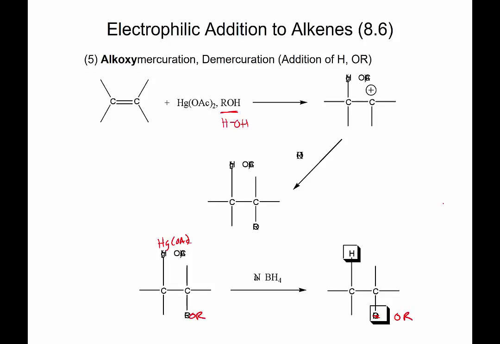Then you'd have to prove to the FDA that there's absolutely no mercury in the sample at all, which would be very difficult to accomplish by their rules. So it looks great on paper, but we don't really use it.